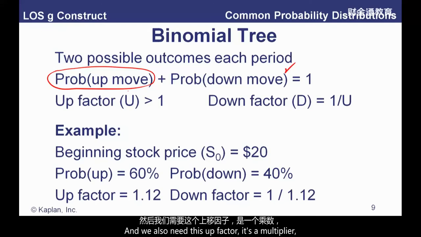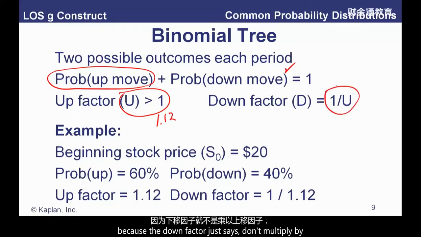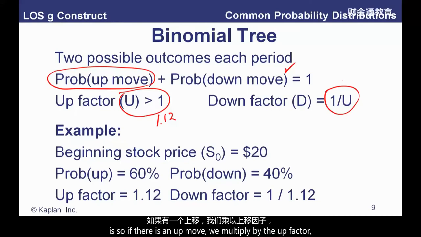And we also need this up factor. It's a multiplier greater than 1. So let's say that's like 1.12, that the value is going to go up 12%. Multiply it by 1.12. And if we know that, we know the down factor because the down factor just says, don't multiply by the up factor, divide by it. And one of the reasons we set it up like that is so if there is an up move, we multiply by the up factor.